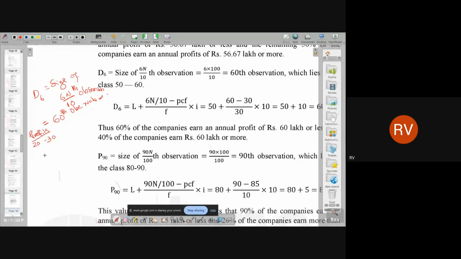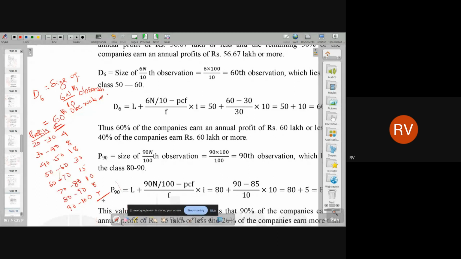Classes: 20 to 30, 30 to 40, 40 to 50, 50 to 60, 60 to 70, 70 to 80, 80 to 90, 90 to 100. The actual frequency is 4, 8, 18, 30, 15, 10, 8, 7.